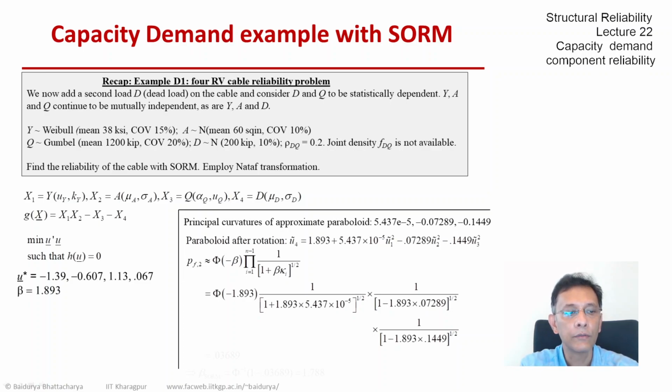And that's what we see. The value of phi of negative 1.893 obtained from FORM, corrected by 3 factors. The first one is actually slightly less than 1, but the other two, the second and the third ones, are greater than 1.